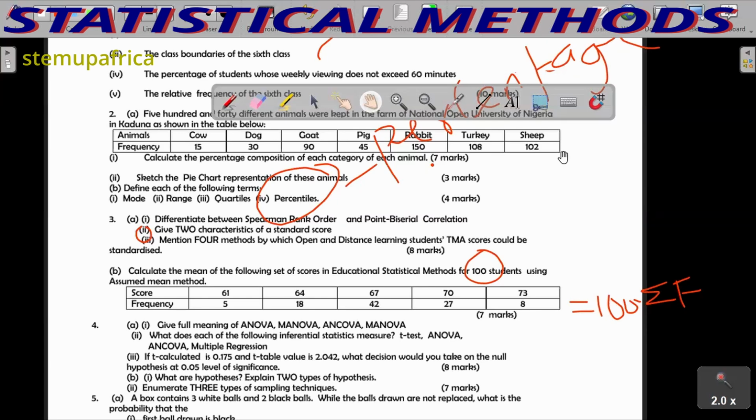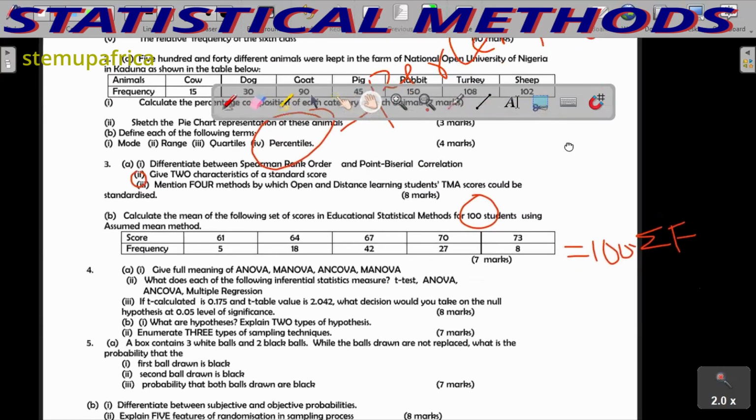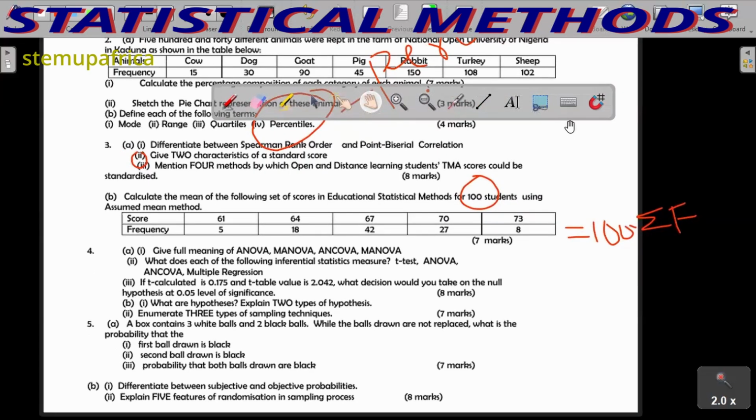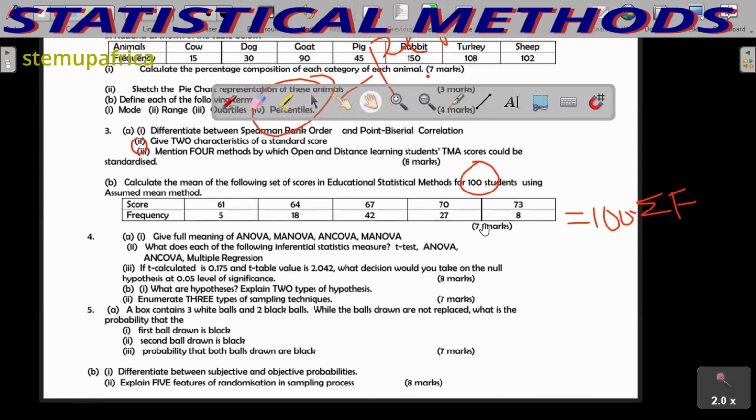Assuming, what do you mean, sir? I can hear you. Okay, the assumed mean should be the total summation of the numbers over the number of numbers.